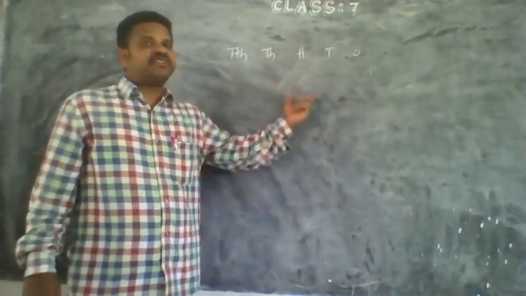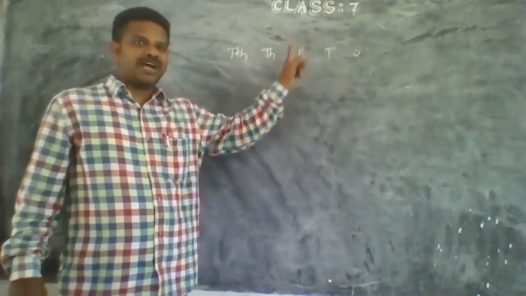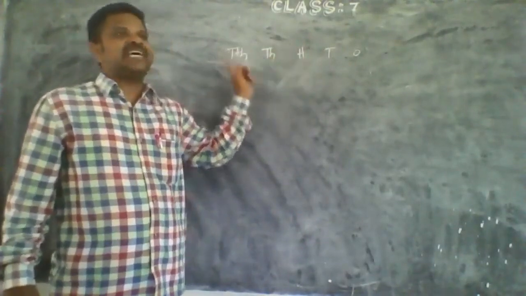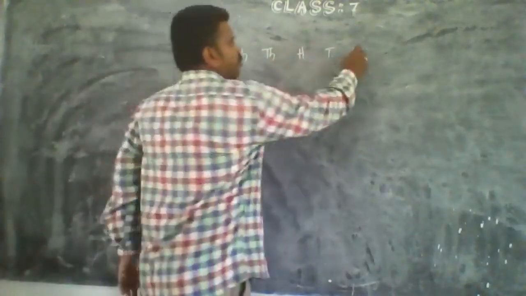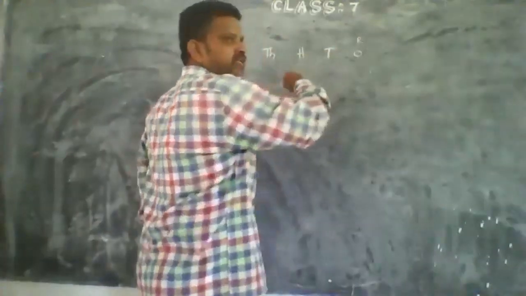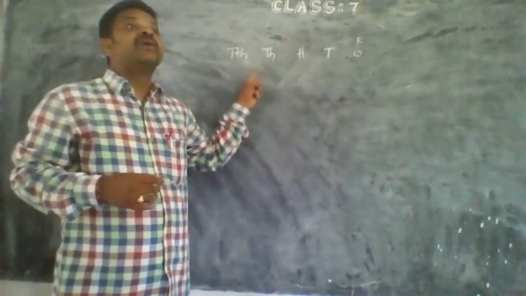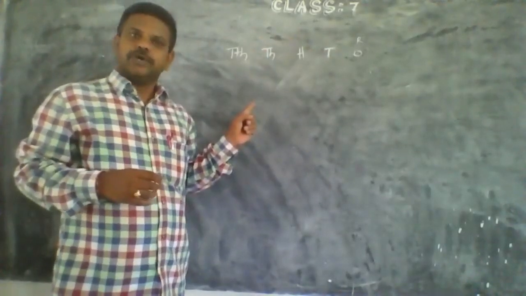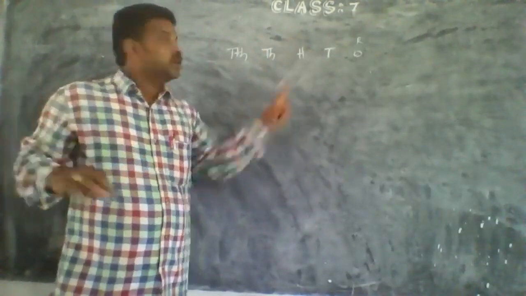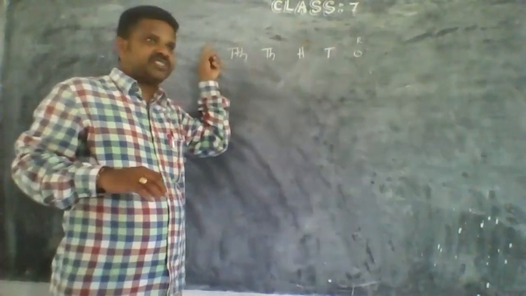This is our place value system: ones, tens, hundreds, thousands. When we move from the ones place, right side to left side, the value is increased by 10.